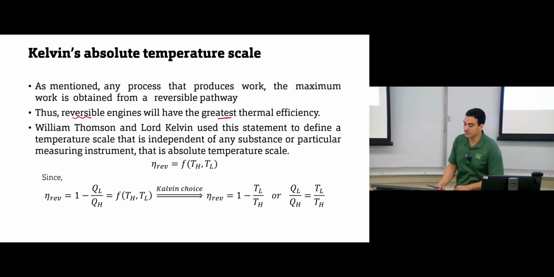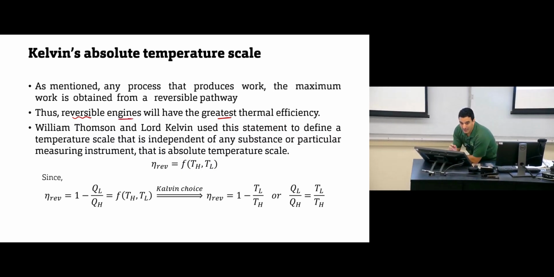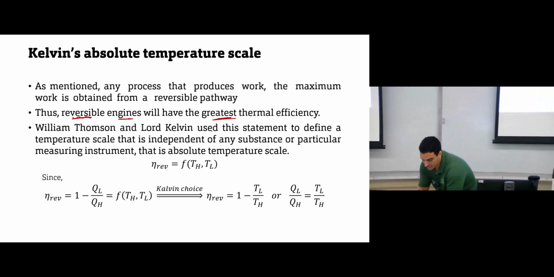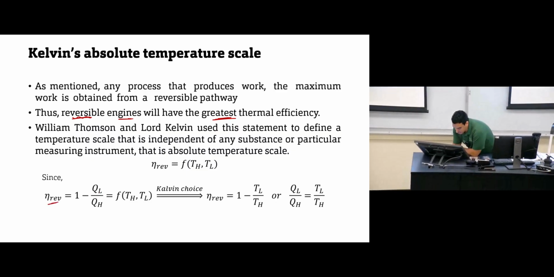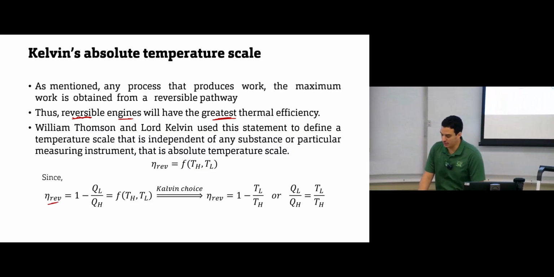Kelvin said, if we have an engine and this engine operates in a reversible way, then I will have the maximum efficiency of this engine. In general, I know that the efficiency is 1 minus QL divided by QH. This is the definition of thermal efficiency we explained before.